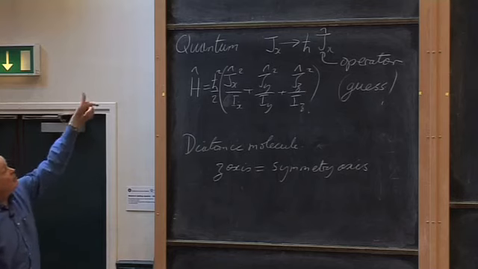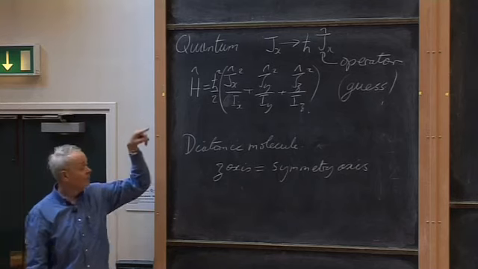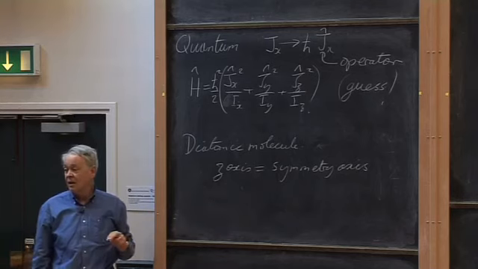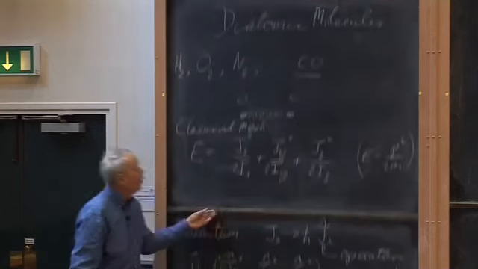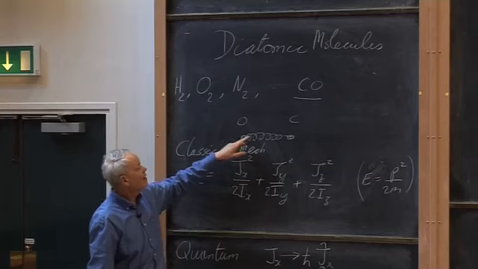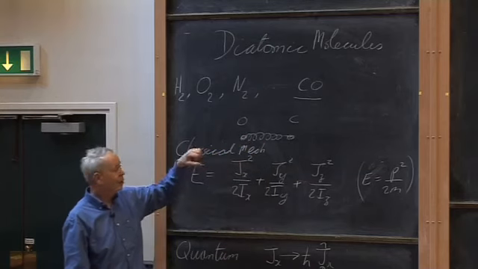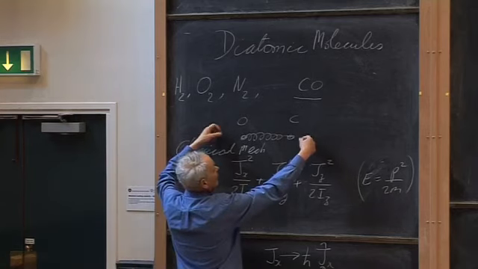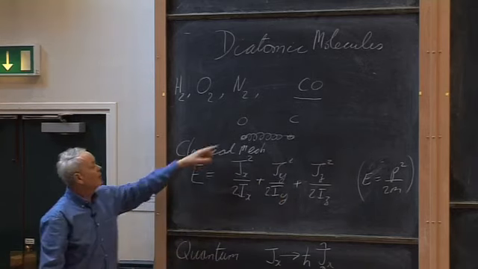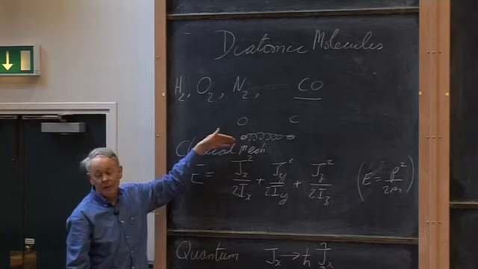And then the moment of inertia around that axis is negligible, because all the mass in this molecule is almost entirely contained in these nuclei, which are very close to being point particles. And if you rotate it around this axis, those nuclei provide very little moment of inertia.